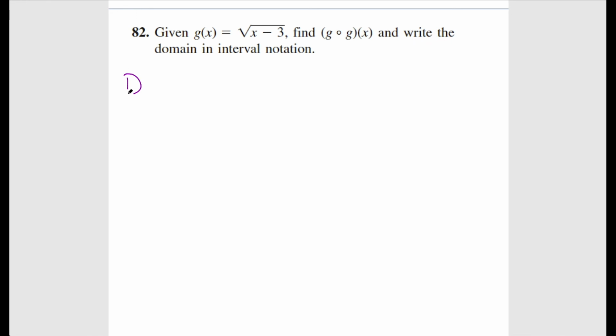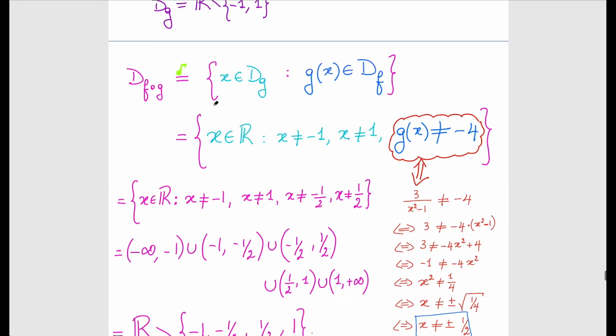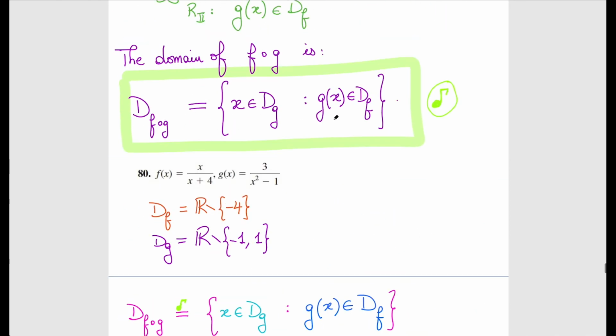Let's start with the domain of g composed with g. Okay? Based on the musical note that we established above, based on this property, what can I say? Let's visit that. I'm talking about this one, right?